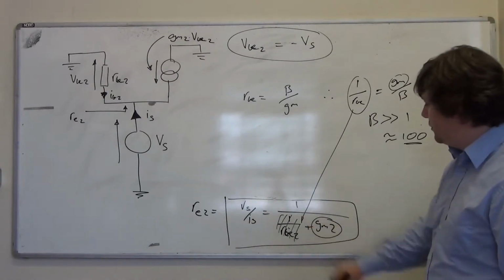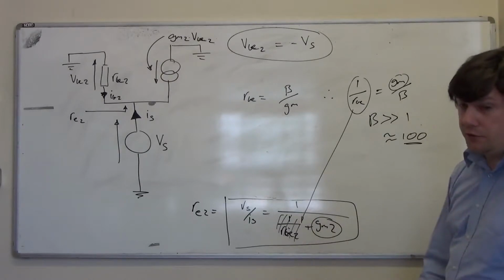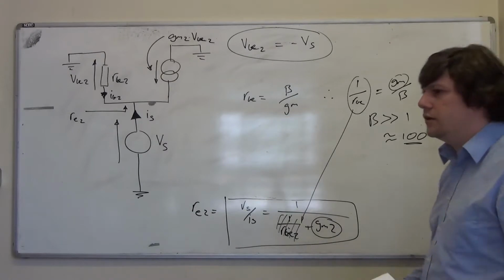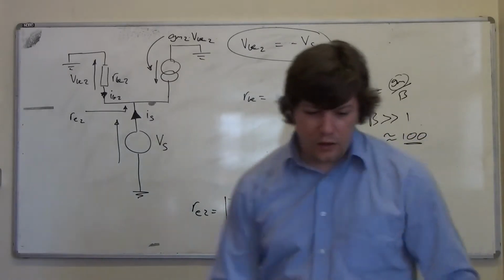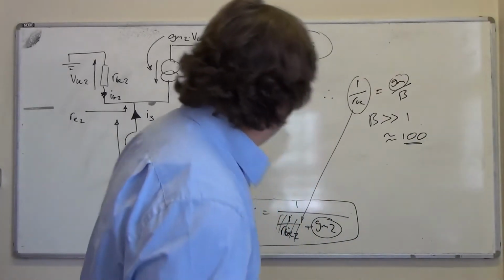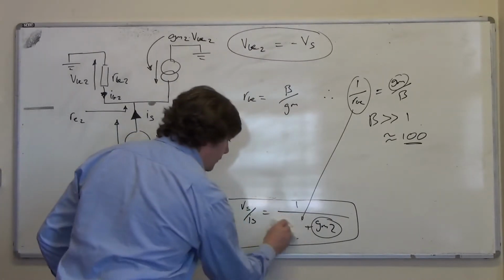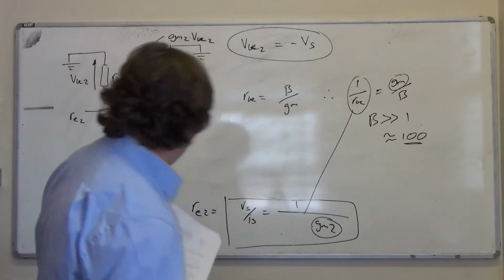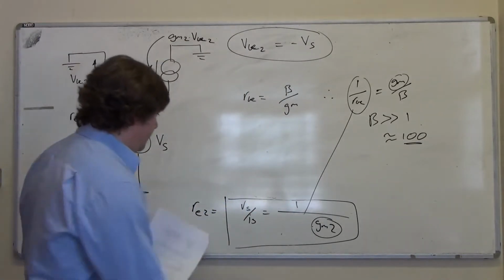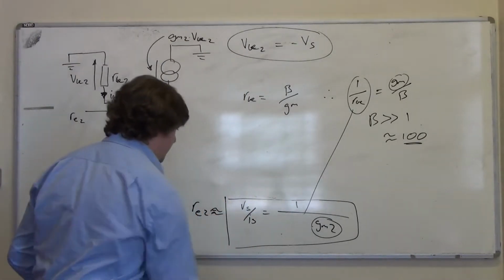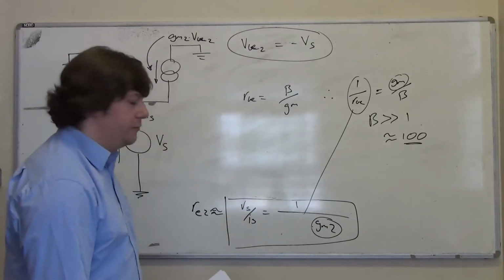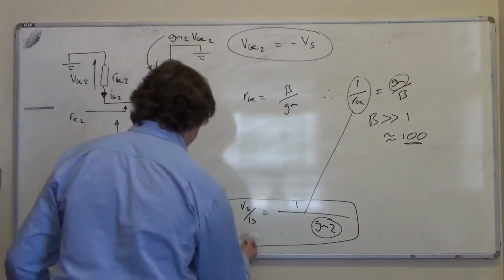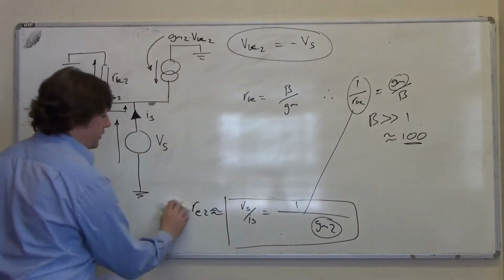So actually getting rid of this term isn't such a big deal usually, because we really don't want a transistor with a low beta. Certainly not any less than 25 or so, even for a power transistor. So we can get rid of this bit here and just leave ourselves with RE2 approximately equal to 1 upon GM2. So that's the key thing from this bit of the analysis.